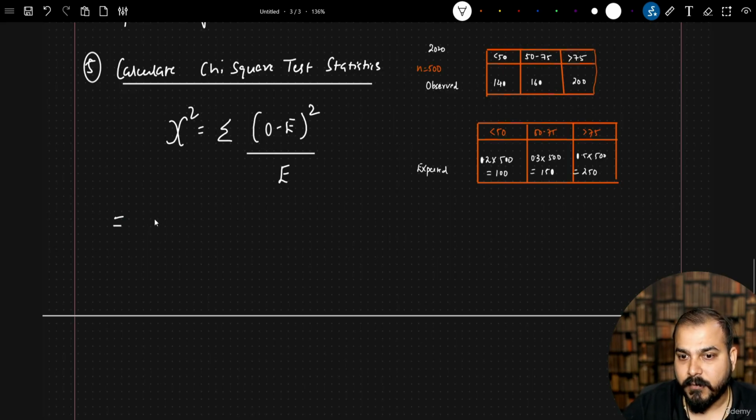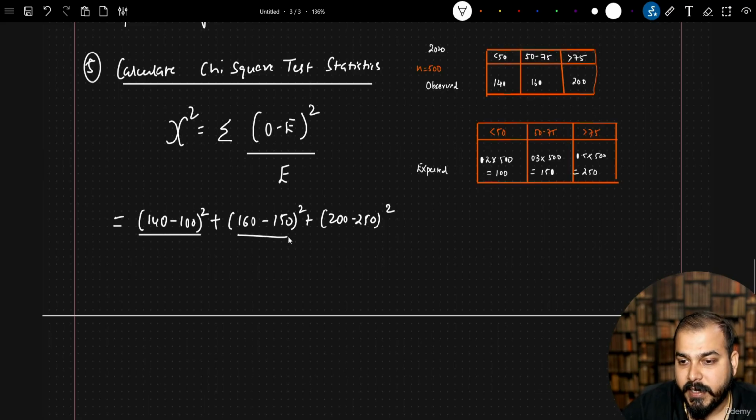So I'll write summation. Over here, 140 observed minus expected 100, whole square, plus observed 160 minus 150 whole square, plus 200 minus 250 whole square. Now every term will get divided by the expected value.